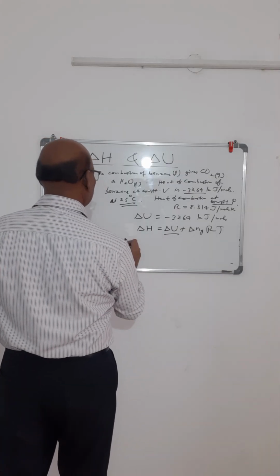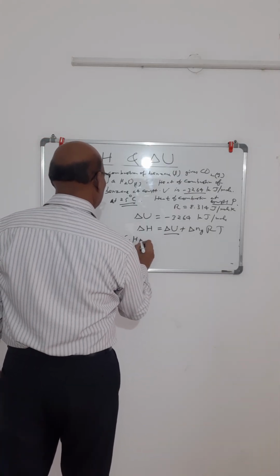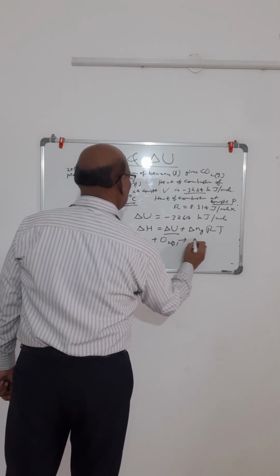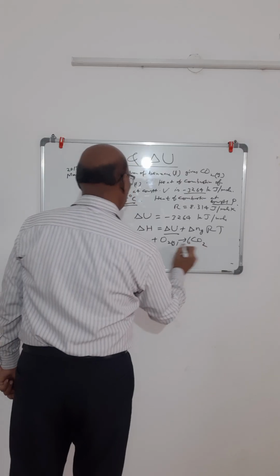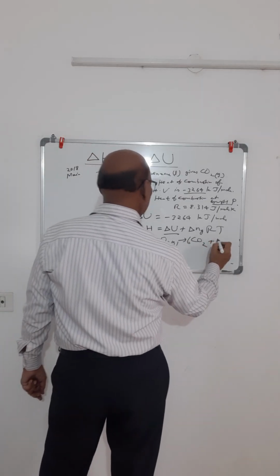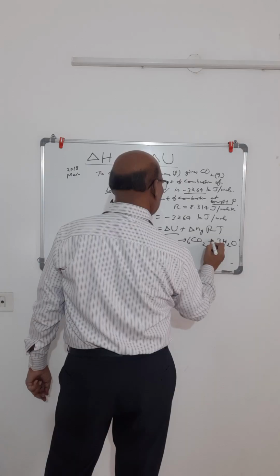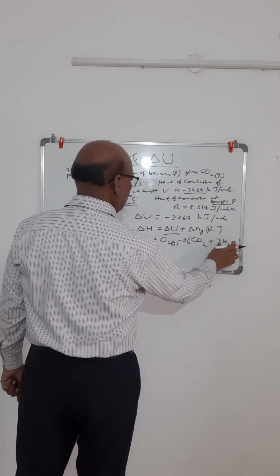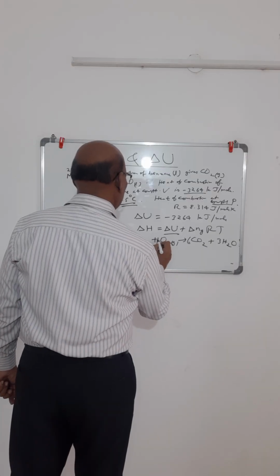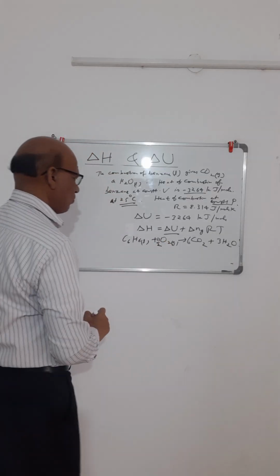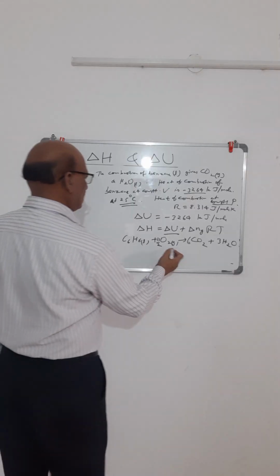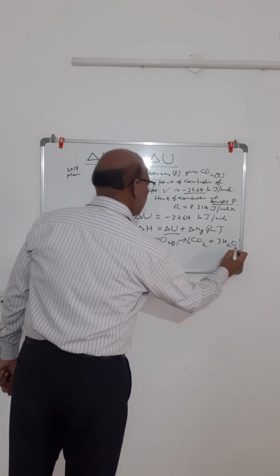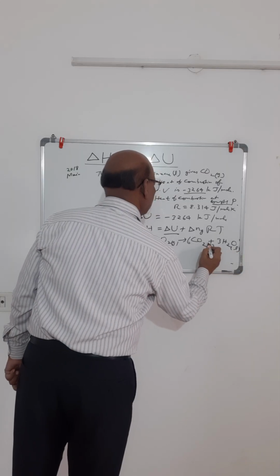So let us write the reaction of benzene: C6H6 liquid plus oxygen gas gives 6 CO2 plus 3 H2O. Now hydrogen is balanced. How much oxygen is needed here? 8 plus 3, that is 11. So we can write 11 by 2 O2. Now this equation is balanced, and what is delta Ng here? H2O is in liquid form, CO2 is in gaseous form.